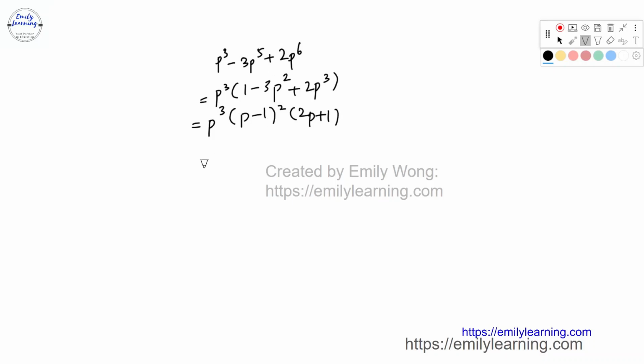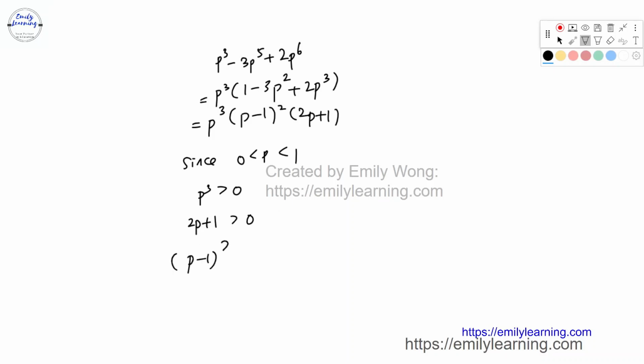And I know that p is in between 0 and 1, so in other words, p is a positive value. Since p is in between 0 and 1, p cubed will always be greater than 0. And I know that 2p plus 1 will also be greater than 0 since p is a positive value. So 2 times a positive value plus 1 is definitely going to be positive.